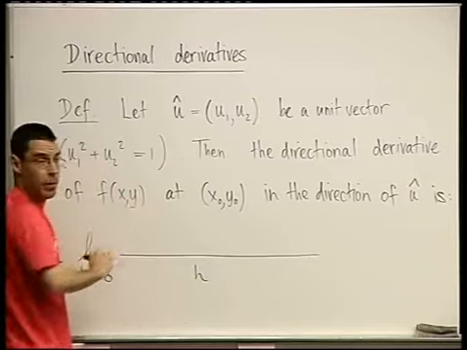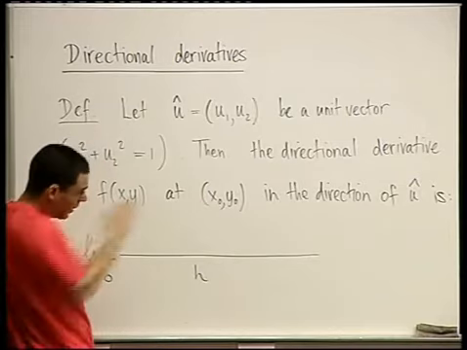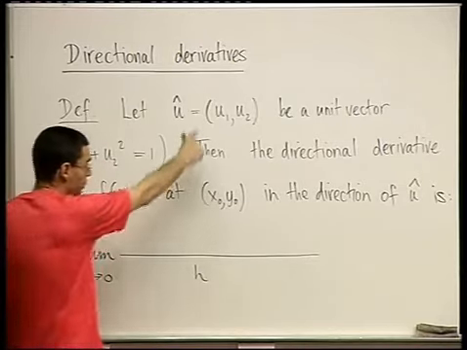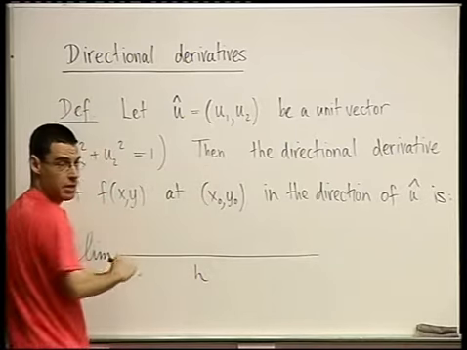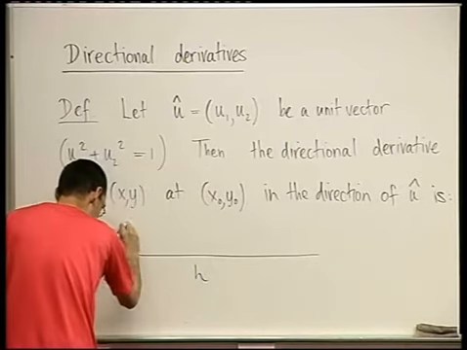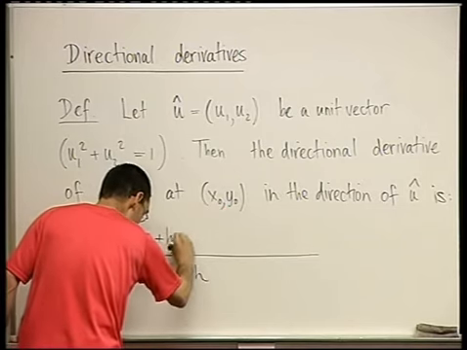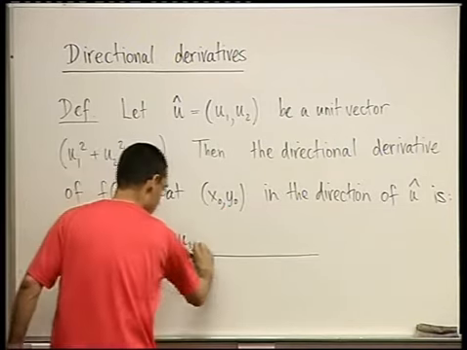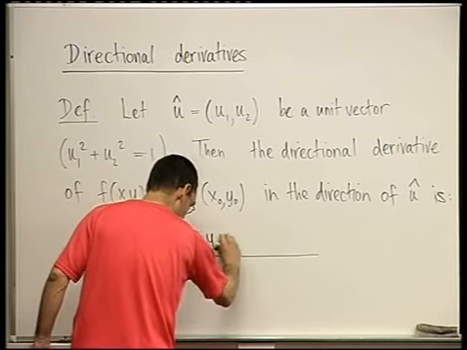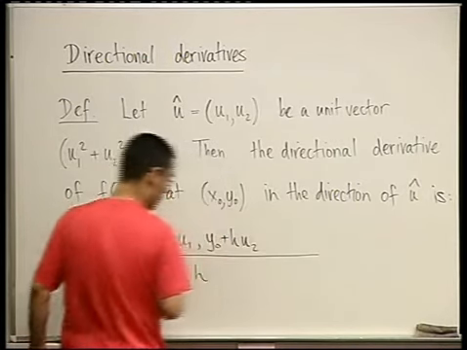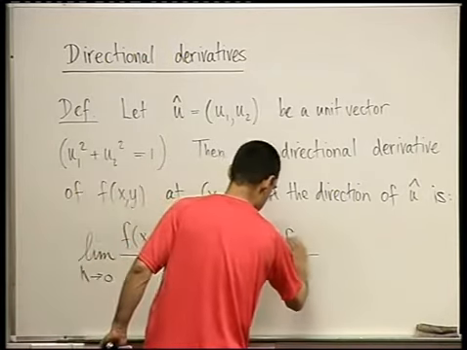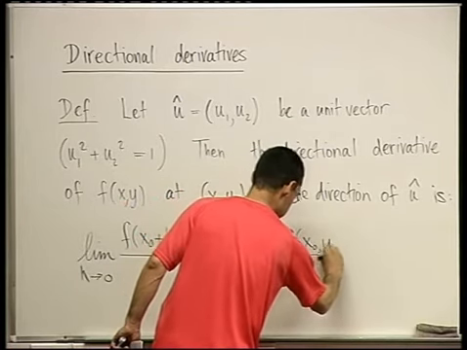Now we want to allow both to vary, but only along a straight line, which is prescribed from the point in this direction. Okay? And the way to write that is, look at f at x0 plus h times u1, and y0 plus h times u2. And then subtract f at (x0, y0).